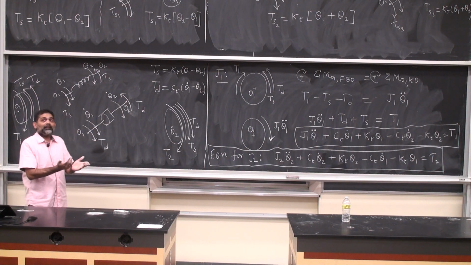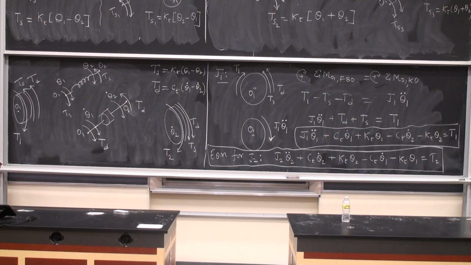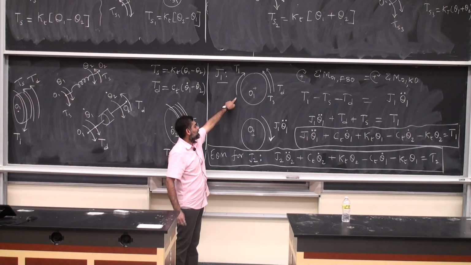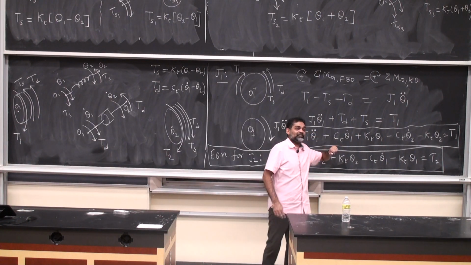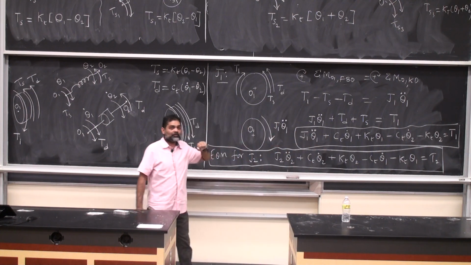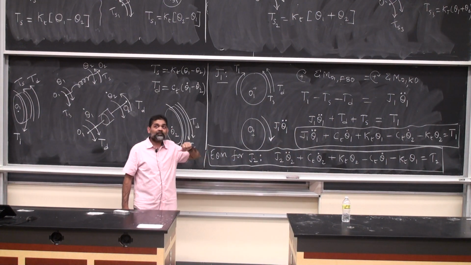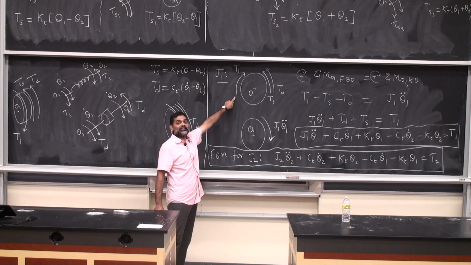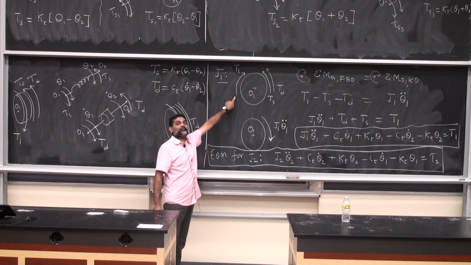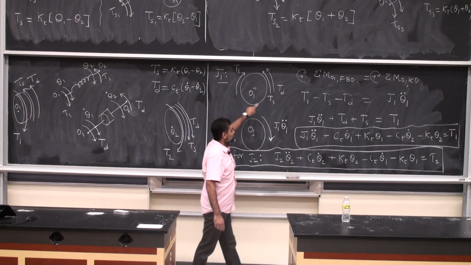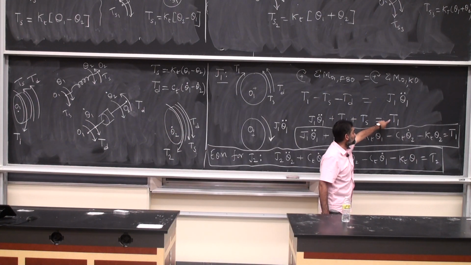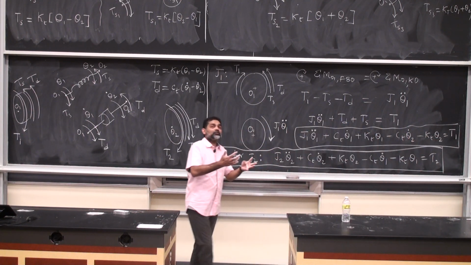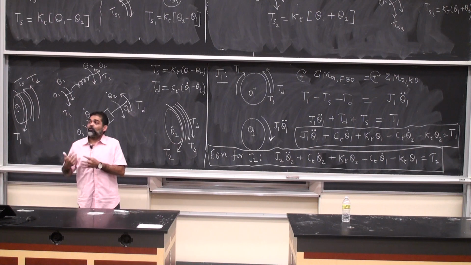If T1 were applied in a direction opposite to the positive sign convention, this would now be counterclockwise and that would end up having a negative sign there. In the equation of motion, this should end up being a negative T1, which tells me that the torque is applied in the opposite sense of the positive convention.